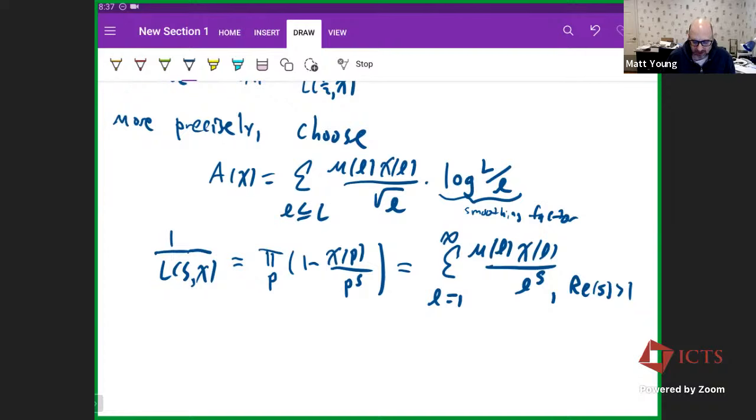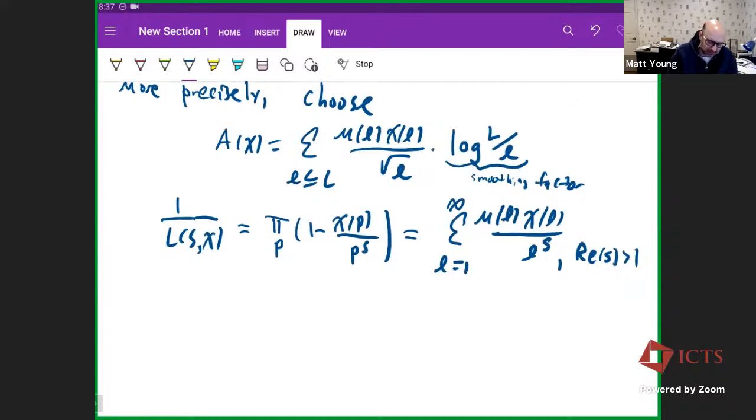In particular, when little l equals capital L, this is log of 1, which is 0. So it does decay at the endpoint there. And I think Selberg might have been the first to notice that you want to use this smoothing factor.